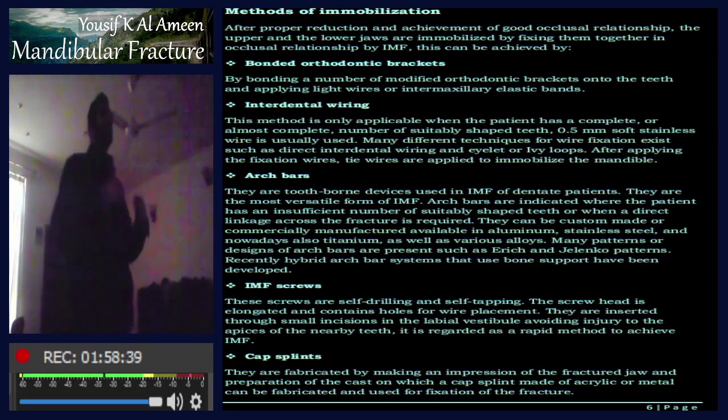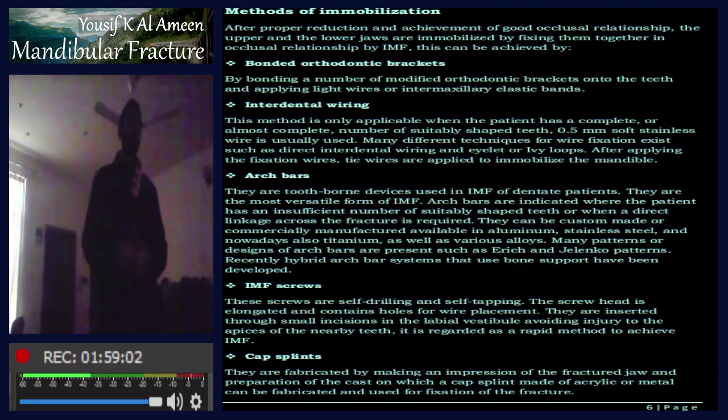Many different techniques for wire fixation exist, such as direct interdental wiring and eyelet or Ivy loops. After applying the fixation wires, the wires are used to immobilize the mandible.